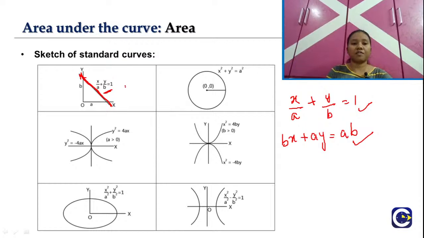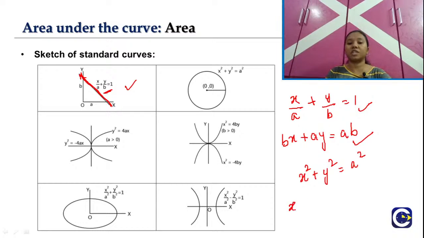So this is our first standard curve, and the second is the circle. You already know the shape of the circle. What is the equation of a circle first? It is x square plus y square is equal to a square, where the center is the origin.